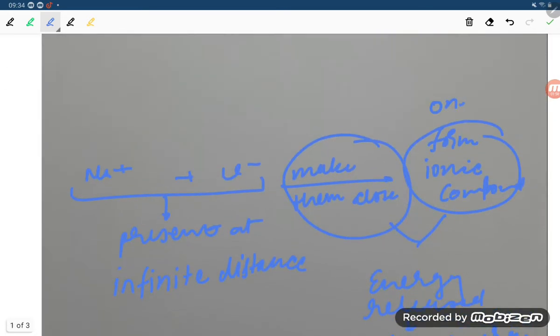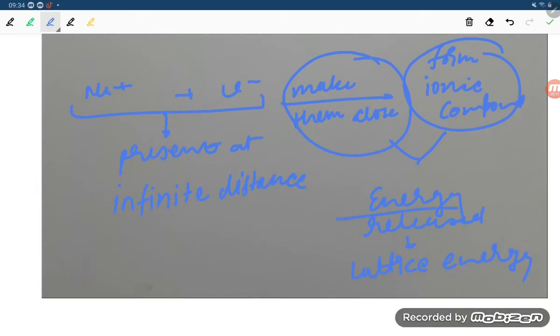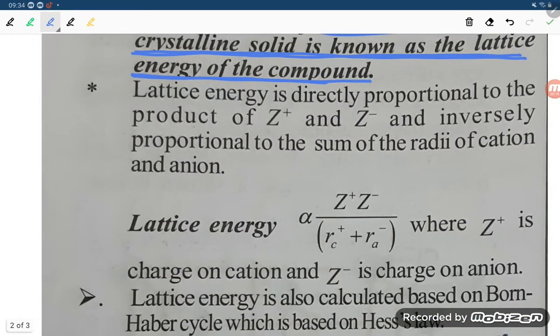That is 1 mole. So the required number of cations and anions come close to each other and form 1 mole of ionic compound. In this process, the amount of energy released is known as what? Lattice energy.